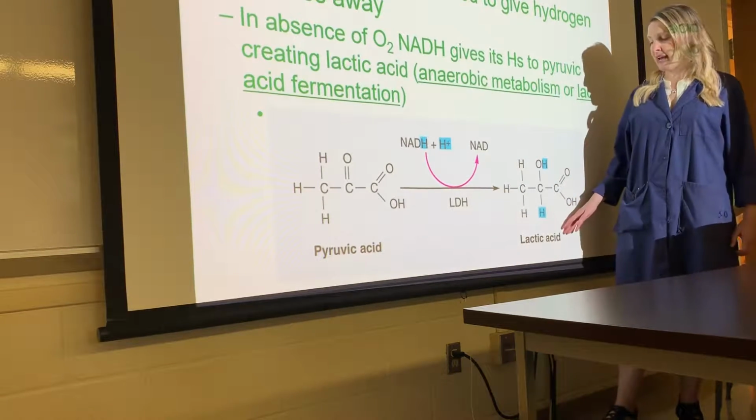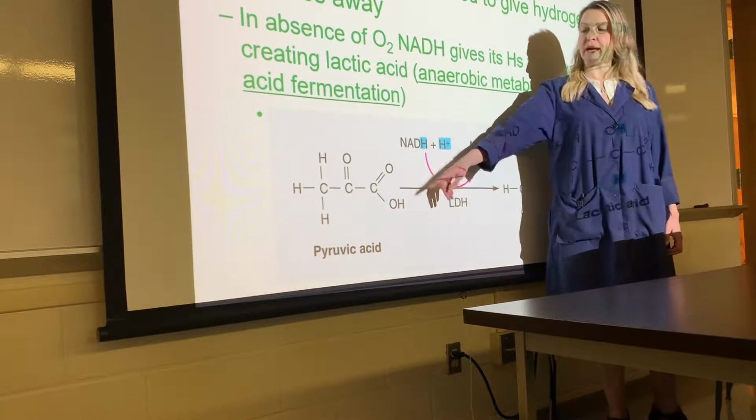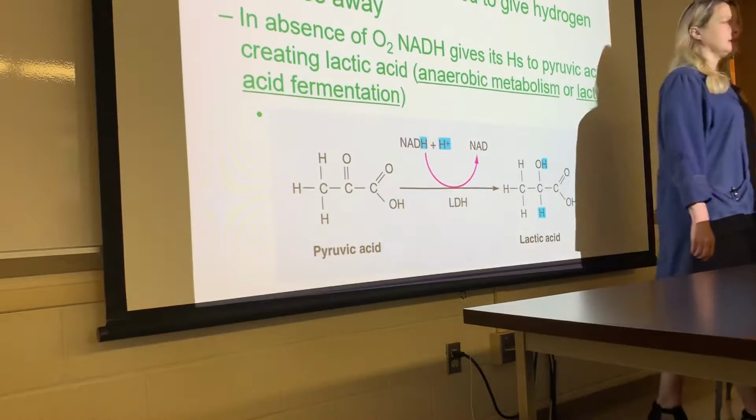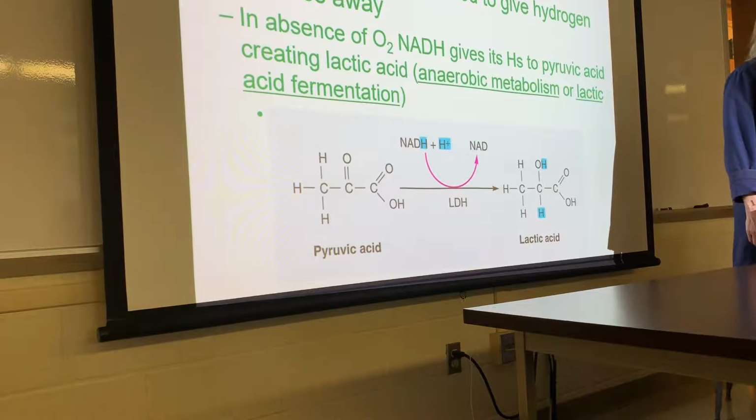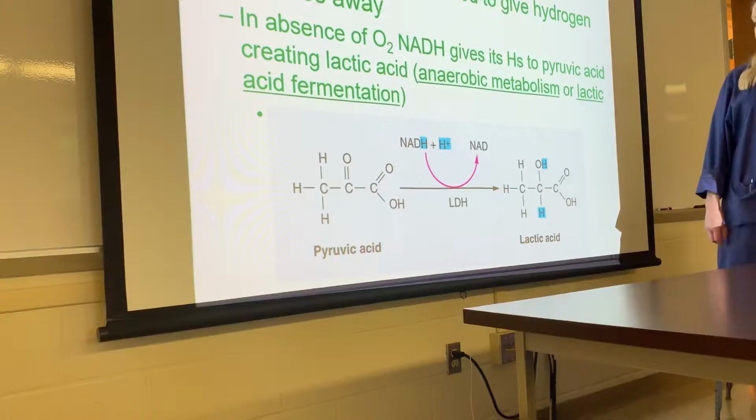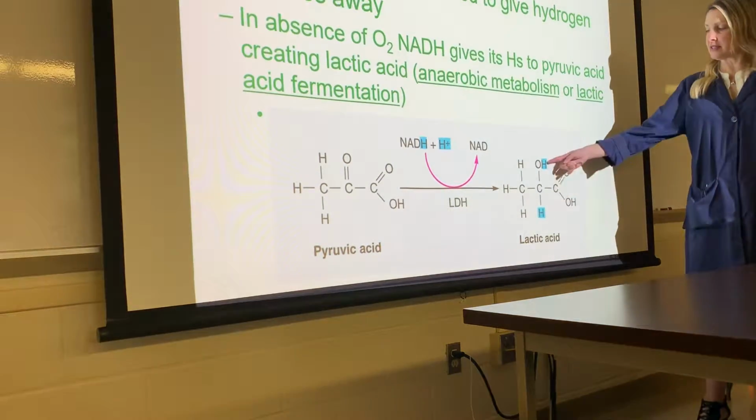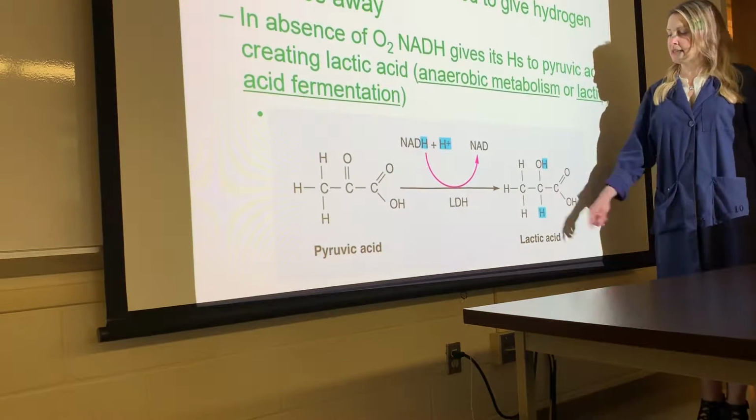So now lactic acid, is it oxidized or reduced back to pyruvic acid? It's what? Yeah, see, you have two hydrogens on the lactic acid.